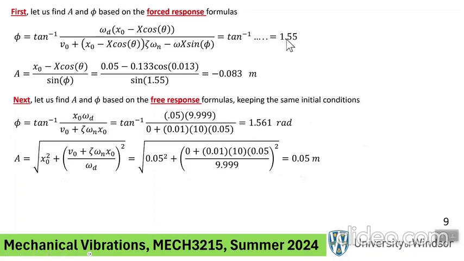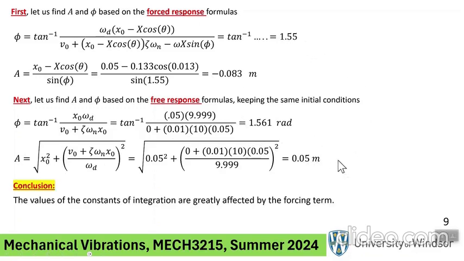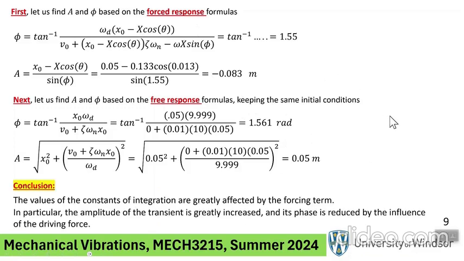You can see that. This is 1.55, this is 1.56. It could be more dramatic. This is negative 0.083, this is 0.05. They have nothing to do with each other. You see the constants of integration are affected by that forcing term, by that big X and theta. They're affected, you can see that. And you have to be careful.